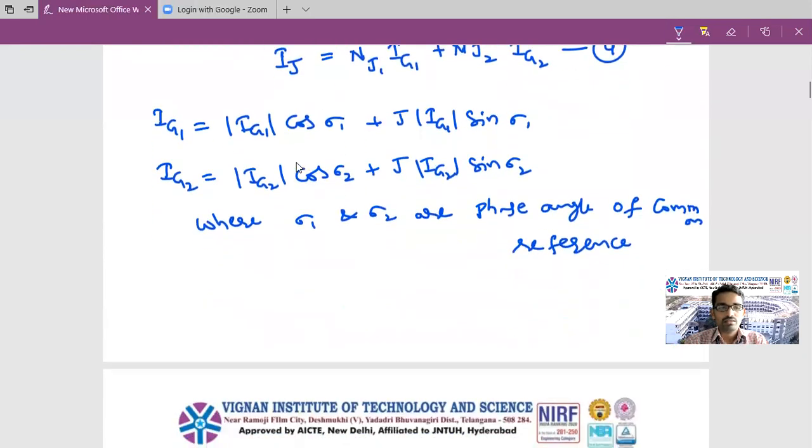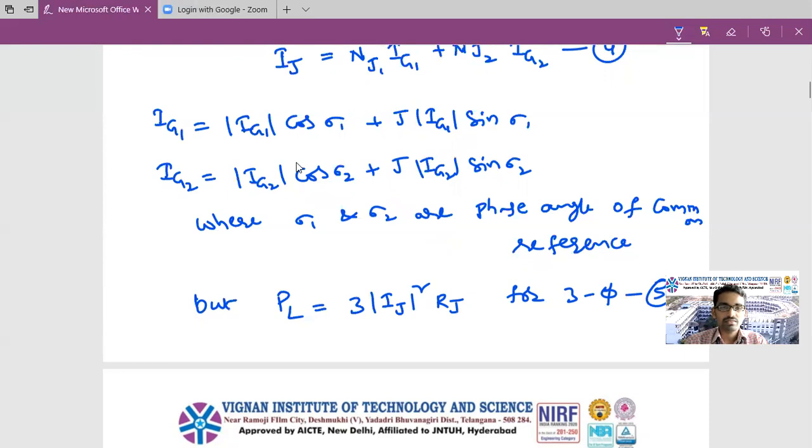Here we know the power loss formula with respect to the resistance. Power loss is nothing but 3Ij square Rj, for a 3-phase system. Let us consider this as equation 5.